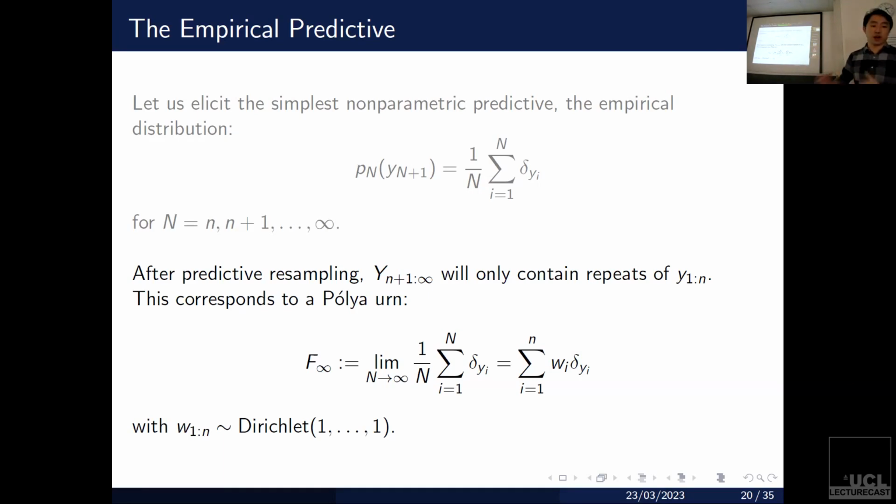So indeed, if you carry out predictive resampling with the empirical, it's going to be exactly the same thing as reweighting your data points from this flat Dirichlet distribution. So this Dirichlet distribution is going to be essentially a sequence of weights of size capital N. It's going to add up to 1, and it's essentially going to be uniform over this simplex of n-dimensional numbers. I'm going to show you a little animation about what this looks like later on.